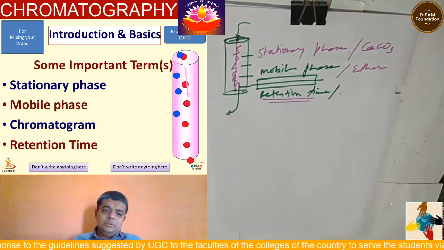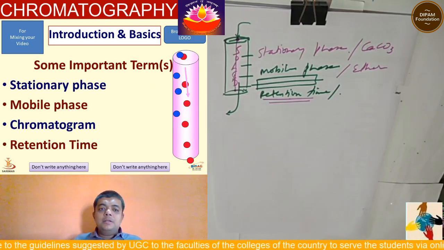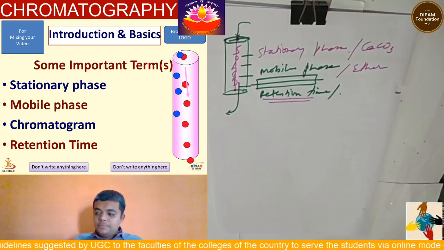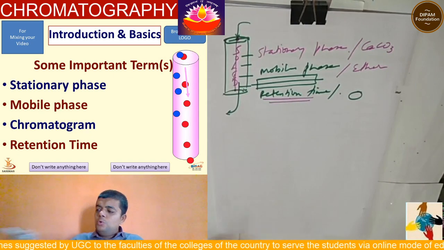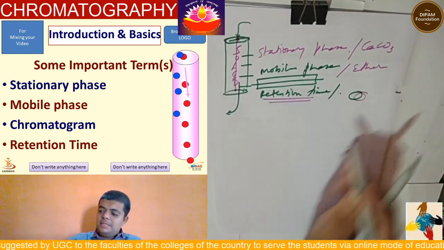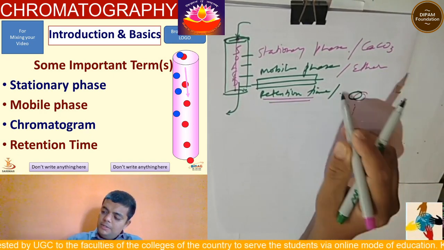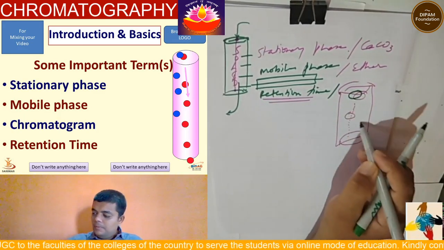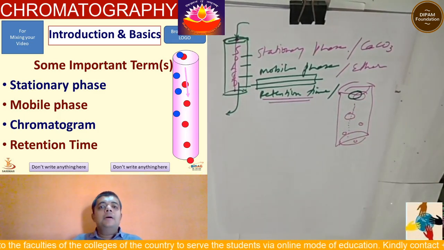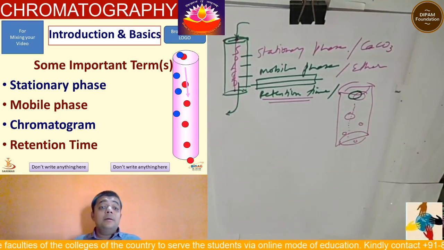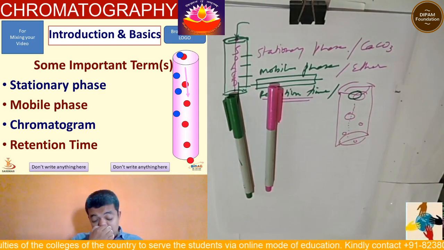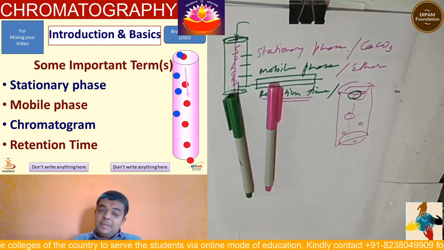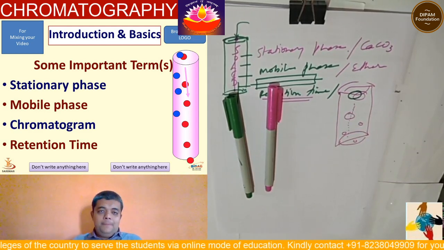So over here, those patches are represented by these circles of different colors. If you see the top of the column, you have two components mixed, but as it travels to the bottom of the column, they get separated. It means there is some mechanism of separation taking place. This mechanism is called chromatography.